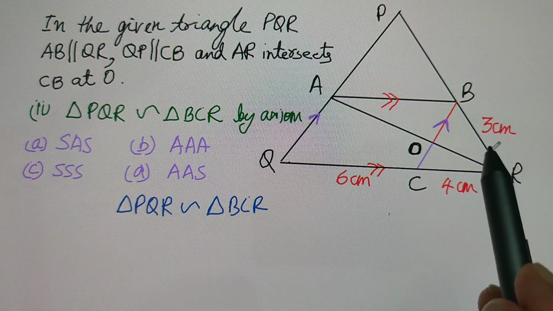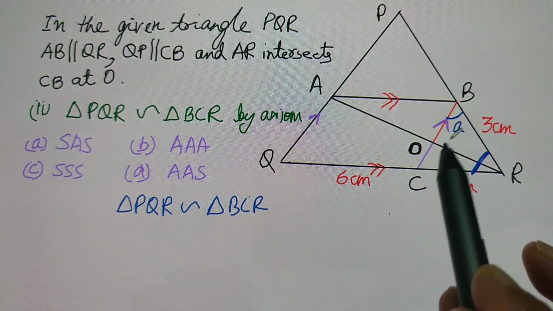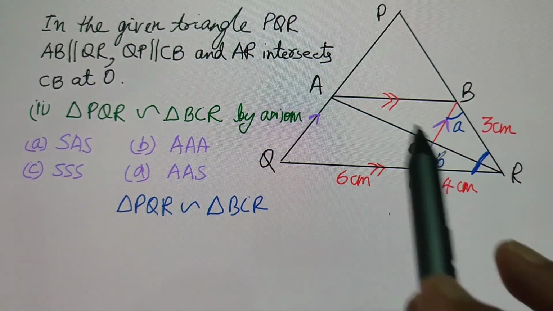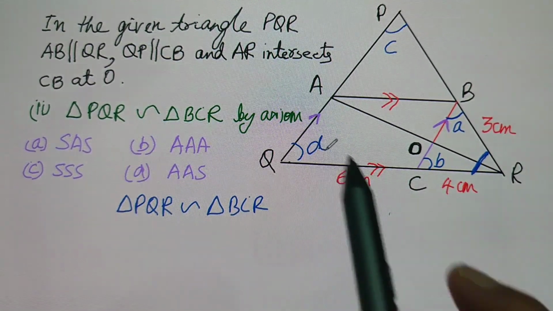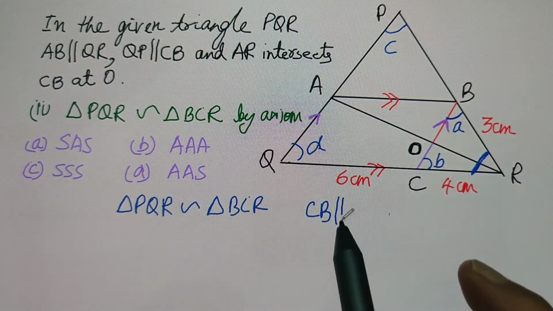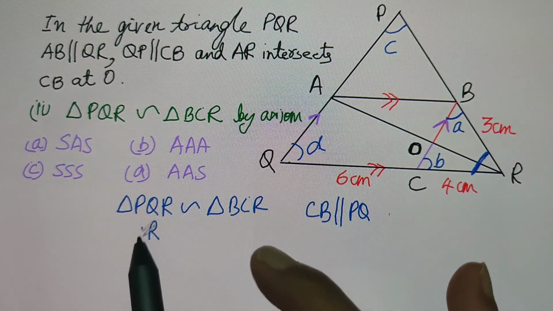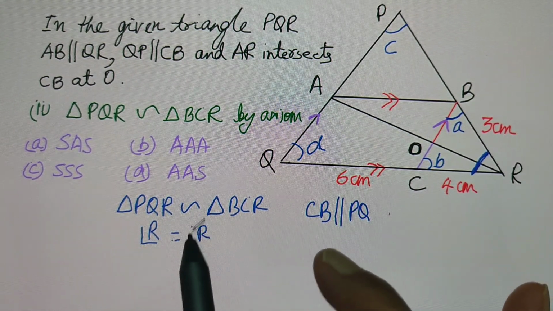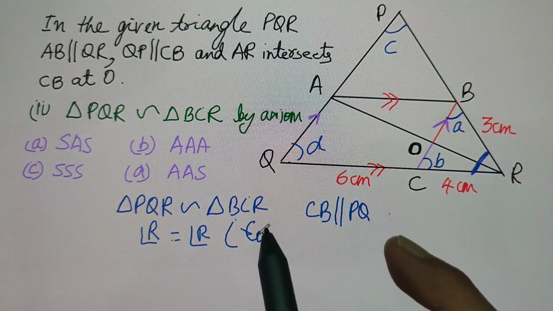This is angle R. Now I am writing this as angle A, this is angle B, and this is angle C and angle D. Now we have CB parallel to PQ. Now angle R is equal to angle R, which is common in both the triangles.